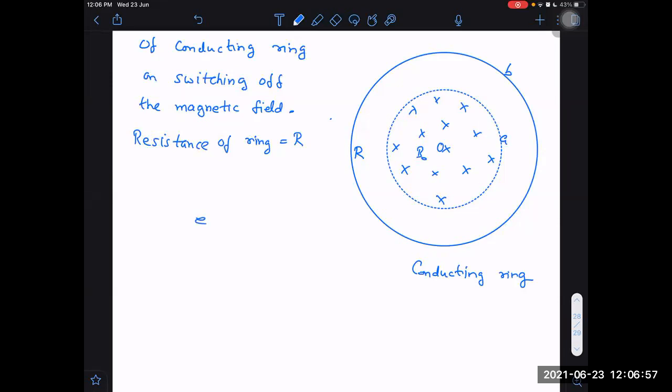So first of all, EMF divided by resistance is the current. B naught pi capital R square by small r. dq integral will be charge, which will be equal to, what is dq integral?